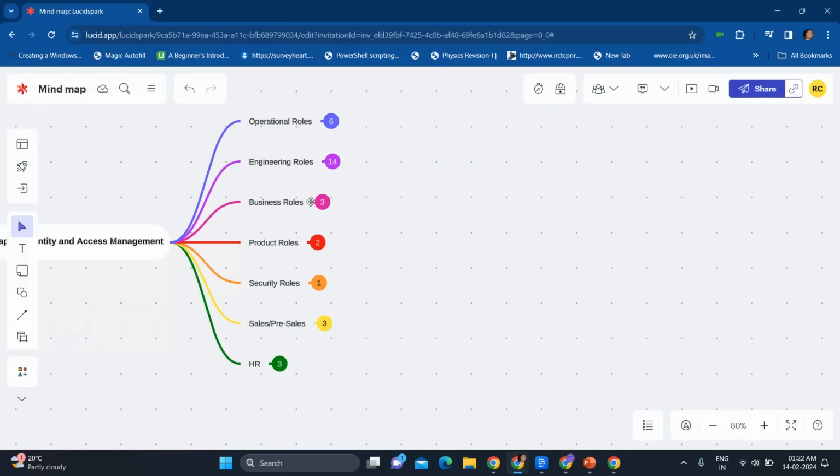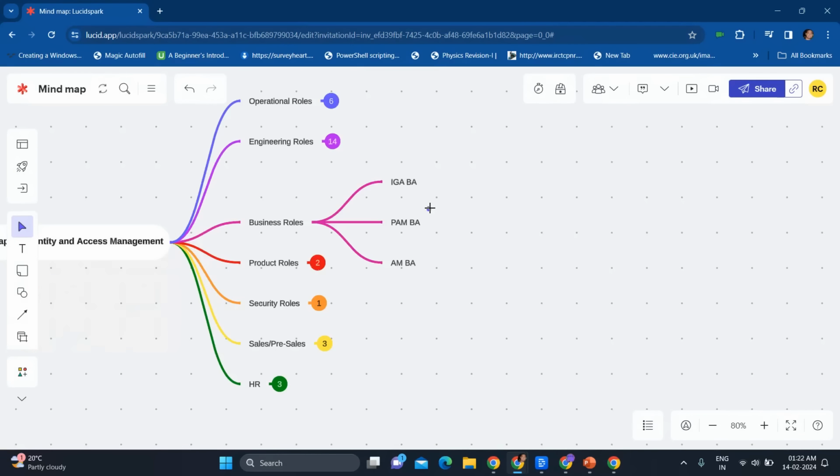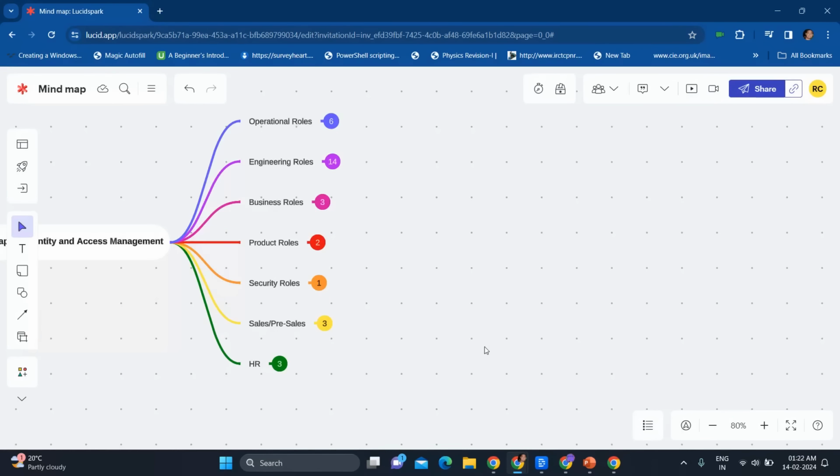Business analyst roles play a major role in driving the entire IM operations. You have IGA BA, PAM BA, Access Management BA, and this is a very critical role. People with basic knowledge of IAM, understanding of how things would work, and really good communication skills would be very helpful to apply for these roles.